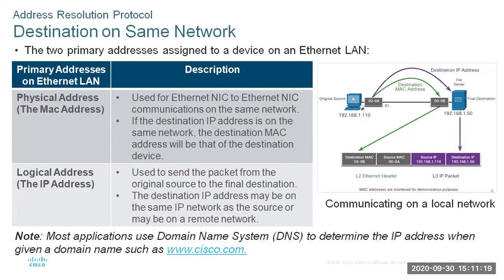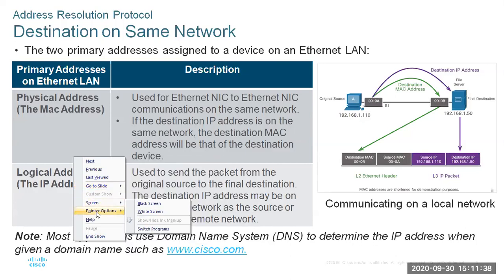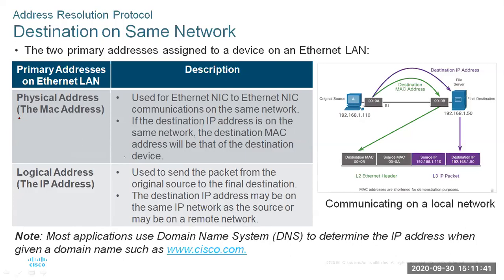The two primary addresses assigned to a device on an Ethernet LAN are the physical address and the logical address. The physical address is the MAC address, and it is used for network interface card to network interface card communications, meaning that I have my system here and I have a router here, a server here.